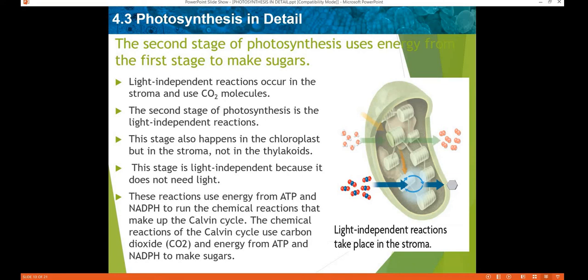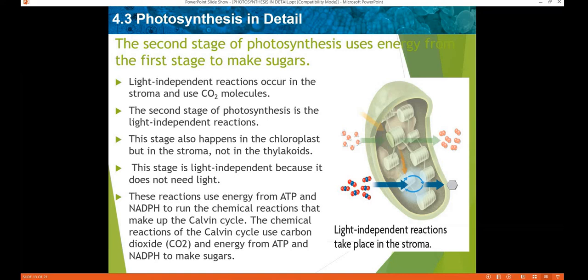Okay, so in this second part, the sunlight is not at all required, but ATP and NADPH are very important. These reactions cannot take place without ATP and NADPH. And of course, they also make use of the carbon dioxide from the environment, and they make their sugars, which is glucose. So because the light-independent reactions build sugar molecules, they are the synthesis part of photosynthesis.